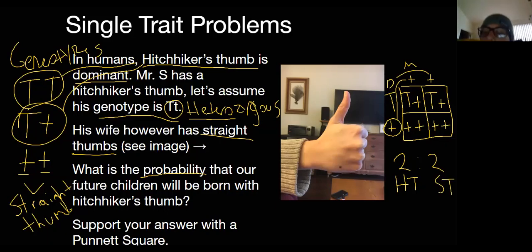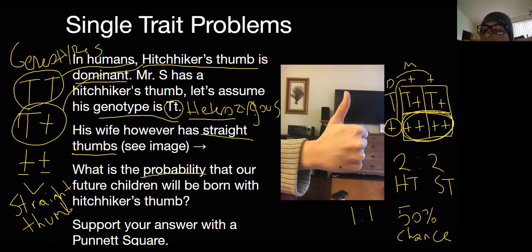So what's the probability? 2 to 2 is the same as a 1 to 1 ratio. Another way to say that is 50%. There's a 50% chance, because half of the time I'm going to have straight thumbs, and half of the time I'm going to have hitchhiker's thumb.